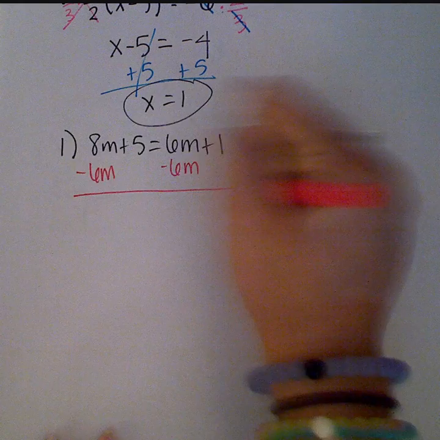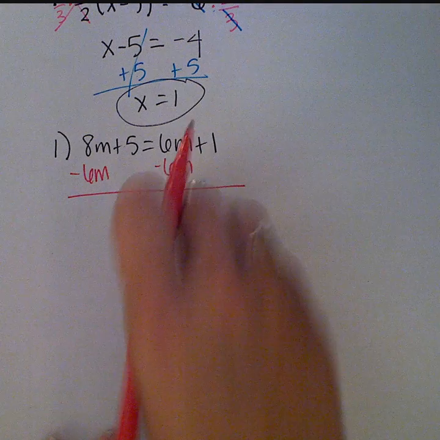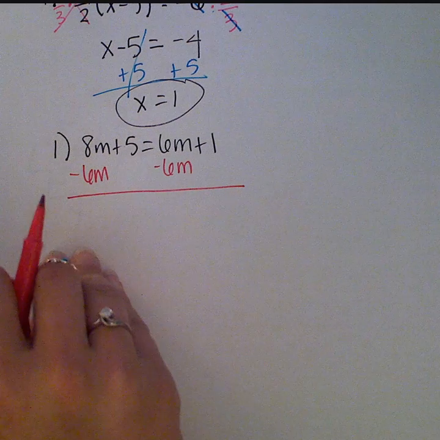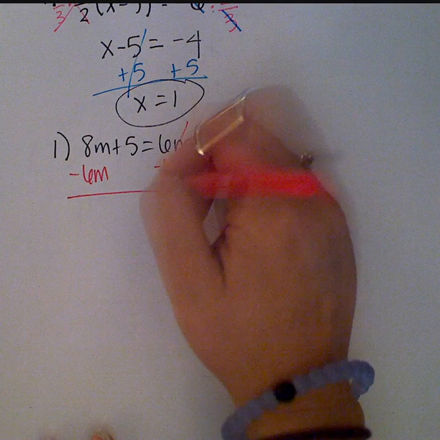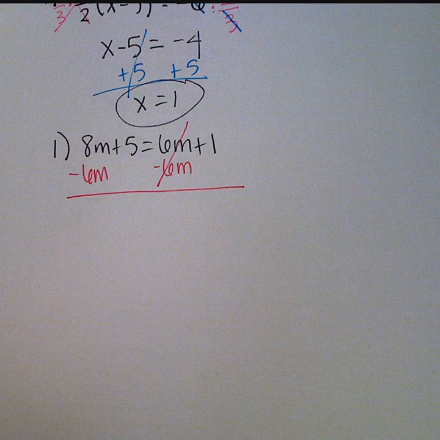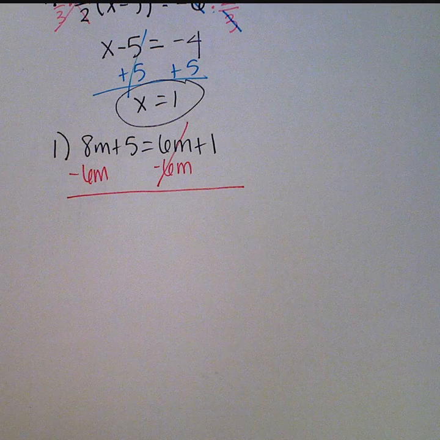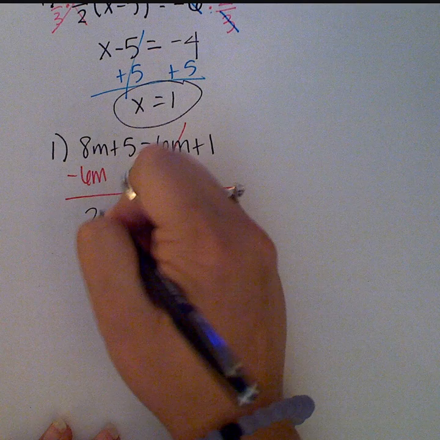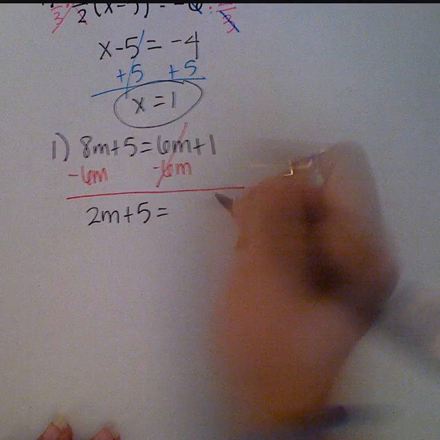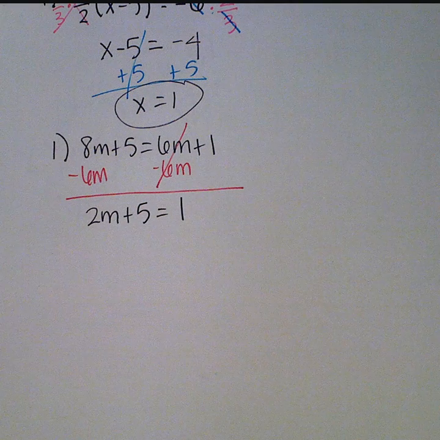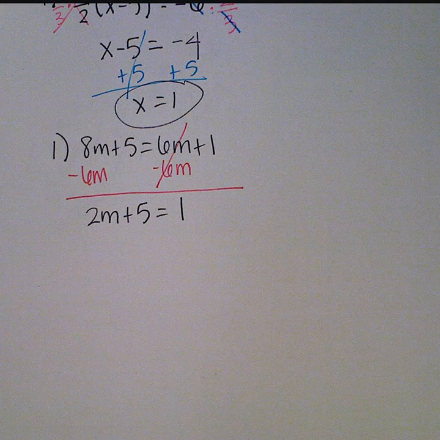Now this time we're not combining like terms, we're moving like terms. So to move it, you have to do the opposite. And what's 8m minus 6m? 2m. Plus 5 equals 1. Alright, now at this point, would we divide both sides by 2 or subtract 5?